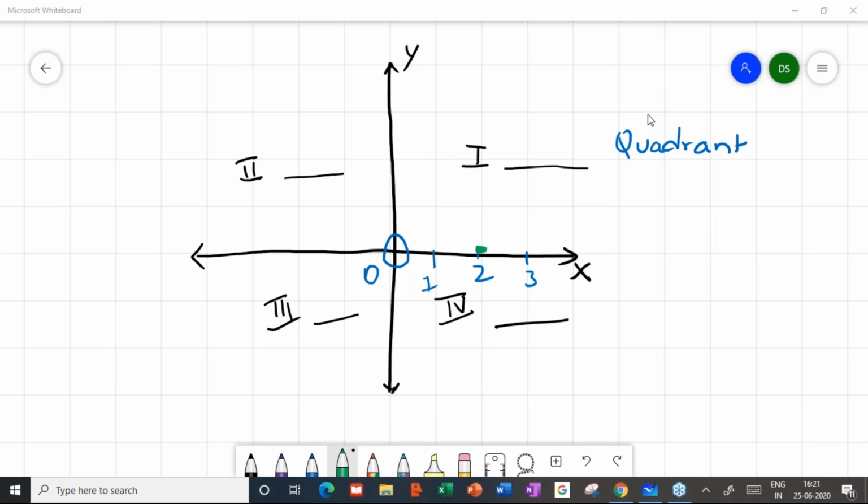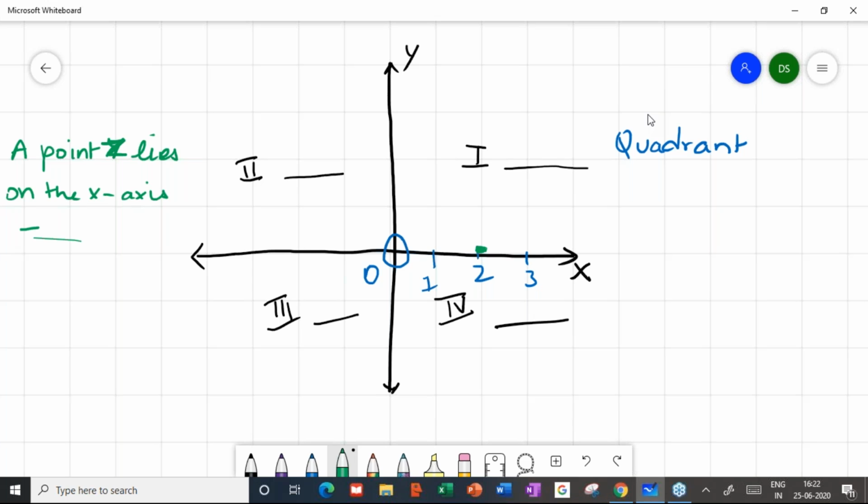Whenever you get a point on the x-axis, they might give you explicit sentences like a point z lies on the x-axis. I changed it to z because we have y-axis.